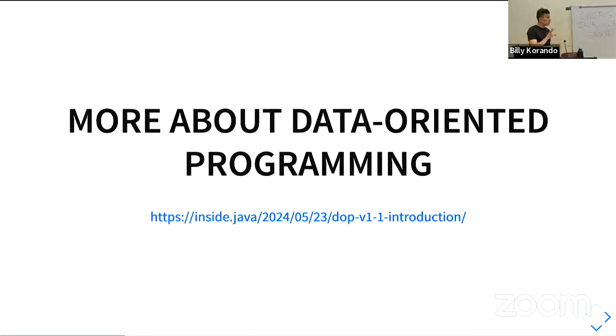But particularly the records and pattern matching, and then also being combined with some other features, is about building out Java's data-oriented programming paradigm. And this is particularly more useful in modern software development.